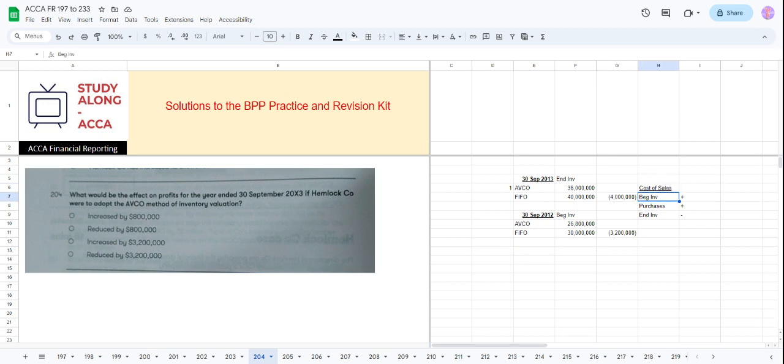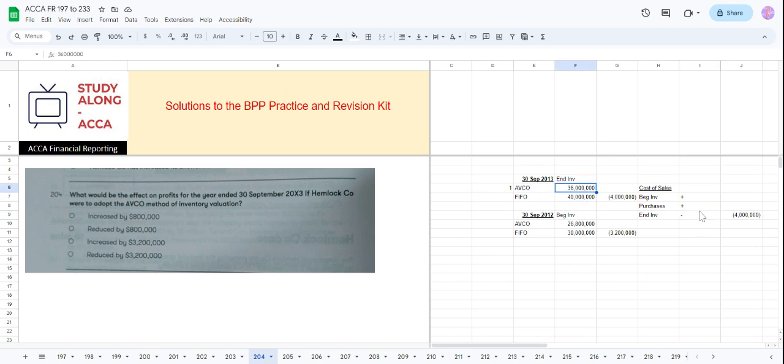So let's see what we are doing with cost of sales. Ending inventory we deduct, but now we are deducting less, just 36 million instead of 40 million. So cost of sales is increasing, because a negative adjustment was made for 40 million, and now we make a negative adjustment of only 36 million.